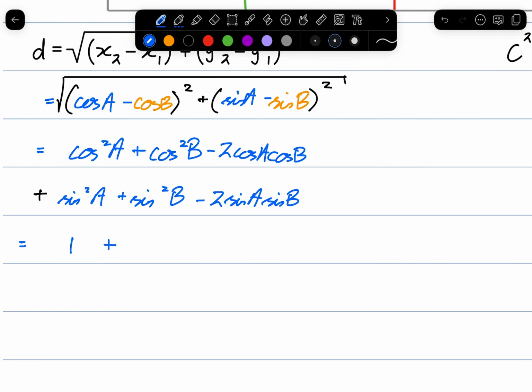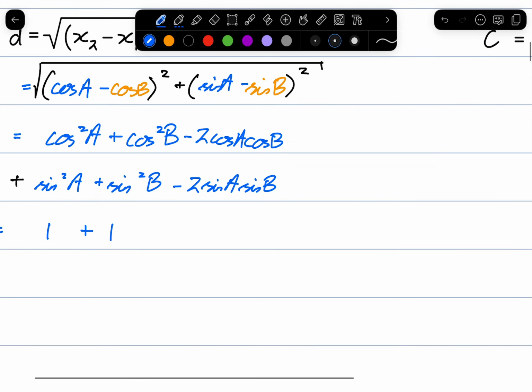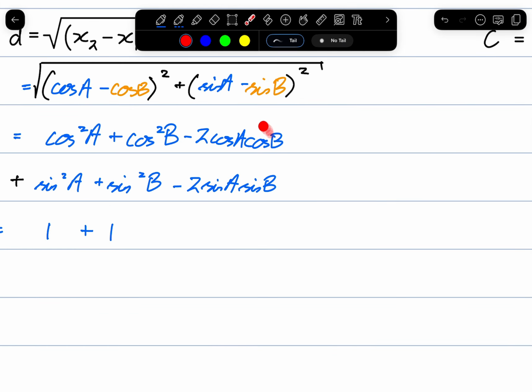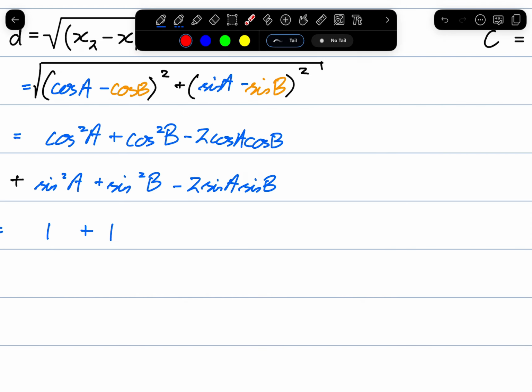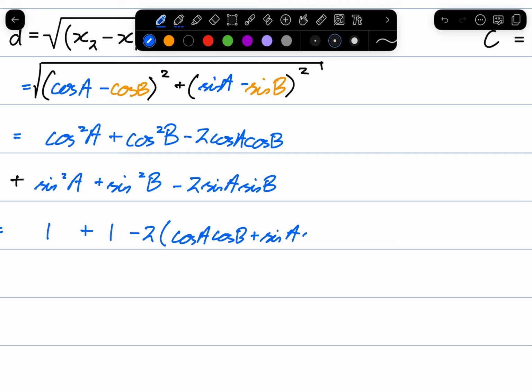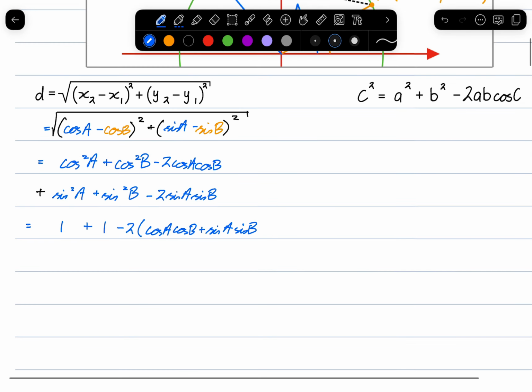This becomes also 1, and these two, minus 2 cos A cos B minus 2 sine A sine B. These two together I'm just going to write as minus 2 outside of cos A cos B plus sine A sine B, and this is the distance between these two.